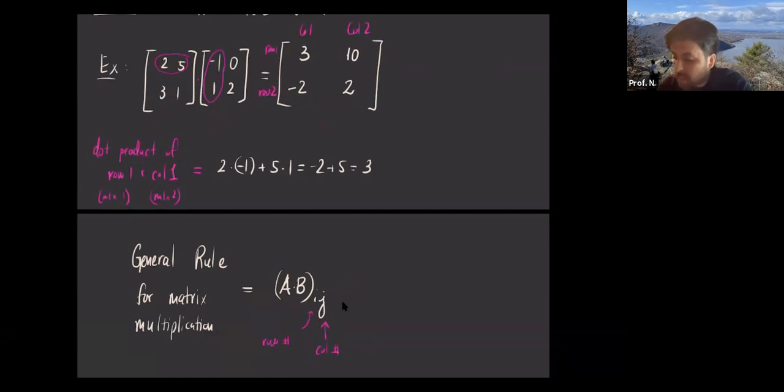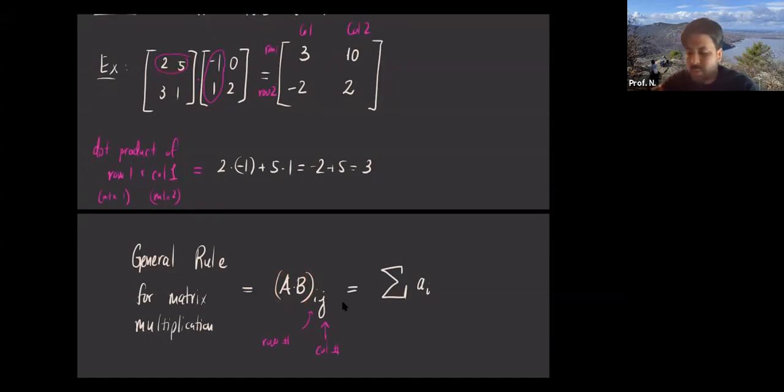This is where things get a little bit interesting because we're going to use summation notation for this. I'm going to take the ith row of the first matrix, which is A. A is the first matrix, B is the second matrix. To get the ith, jth entry of the product, I get the ith row of the first matrix, whatever that is.